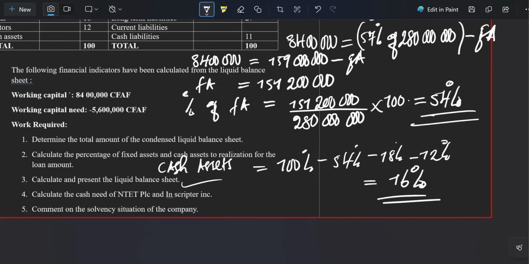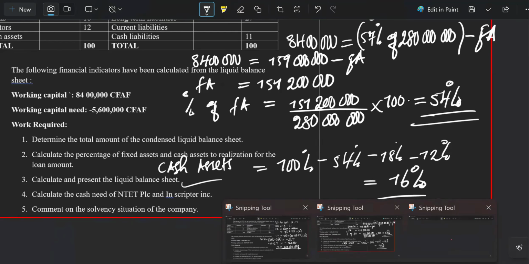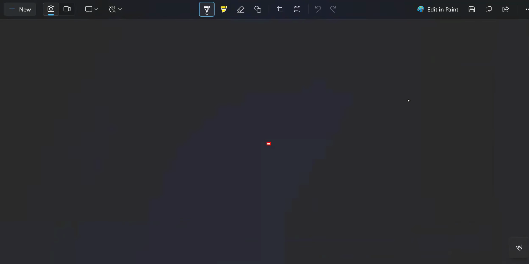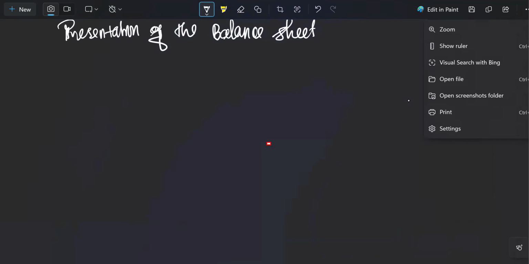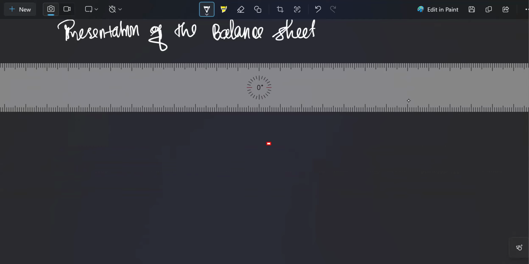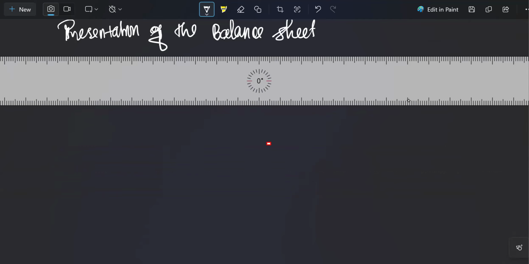So let us present our liquid balance sheet. When presenting a balance sheet, we have to present something like this.